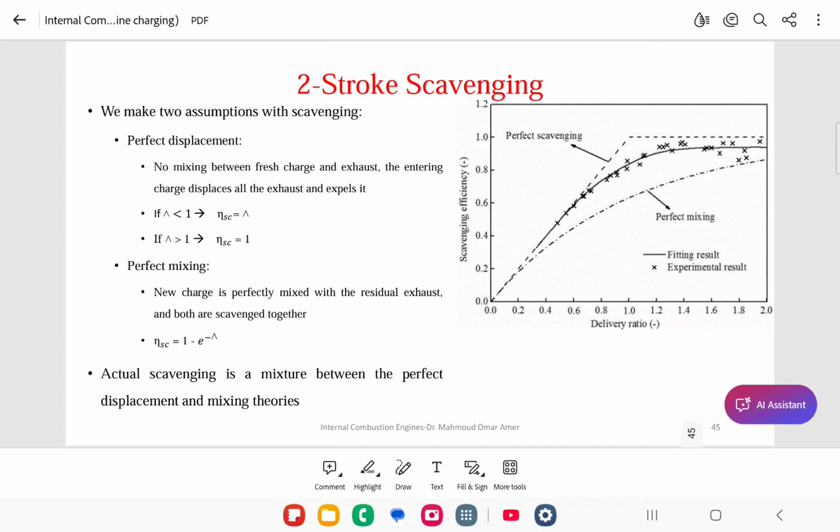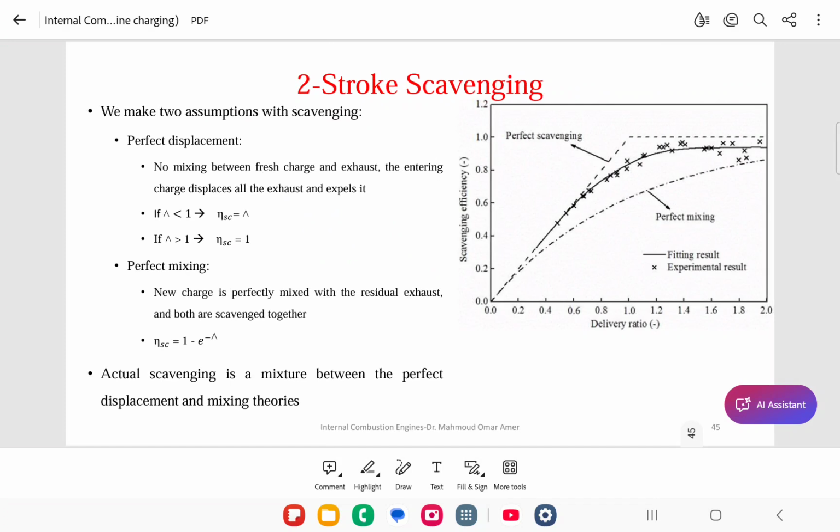So the scavenging efficiency increases, which is logical, because what? When you increase the delivery ratio, it means that you increase the amount of fresh charge over the reference mass. So more fresh charge mixes with the exhaust or the residual exhaust. So the retained amount of the fresh charge is higher.